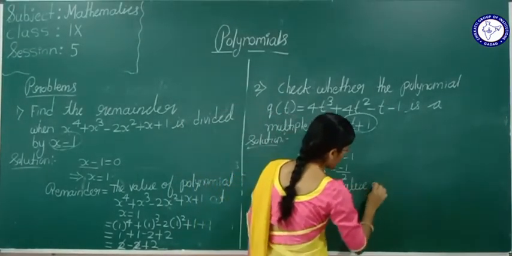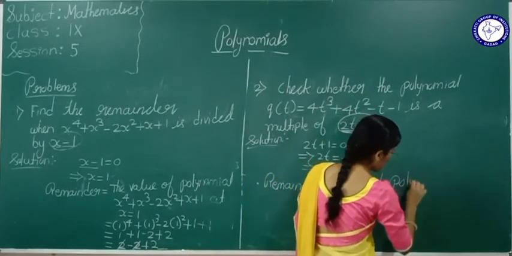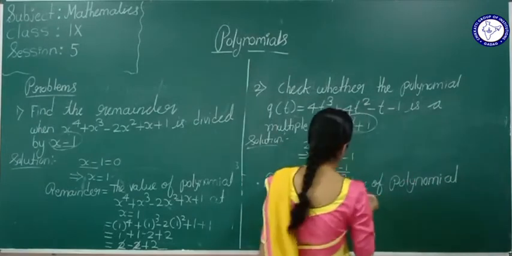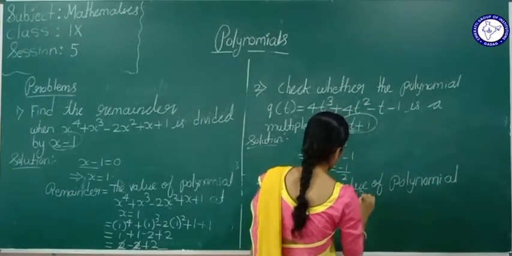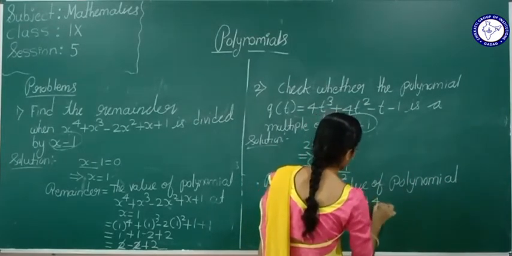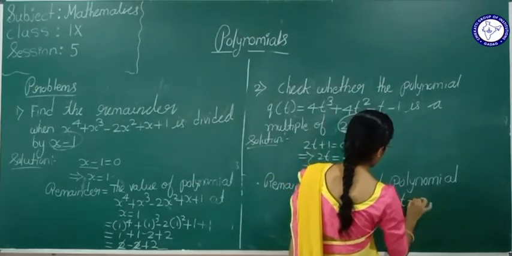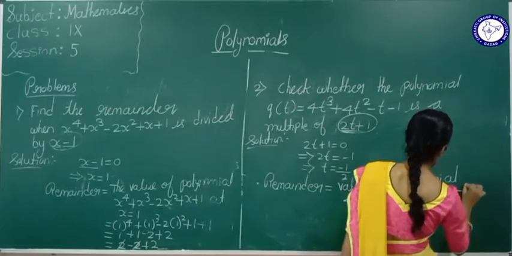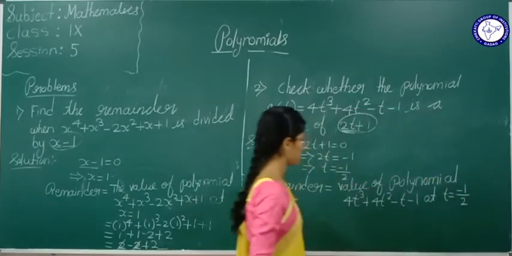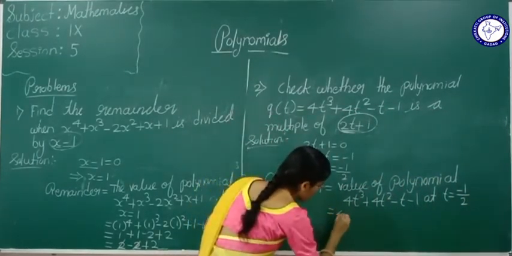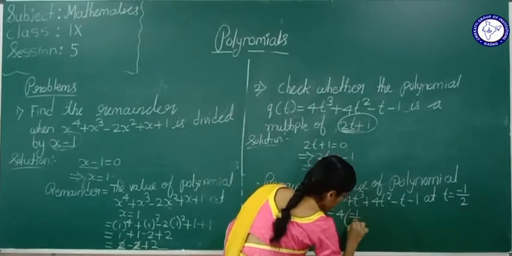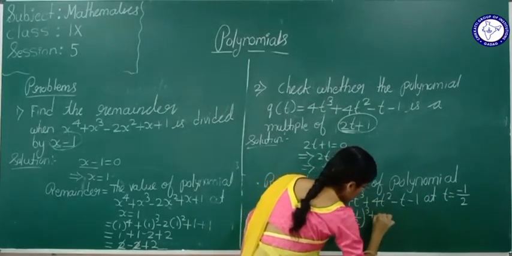Value of the polynomial 4t raised to 3 plus 4t square minus t minus 1 at t is equal to minus 1 by 2. Okay, is equal to 4. In place of t you put minus 1 by 2 cube, plus 4.